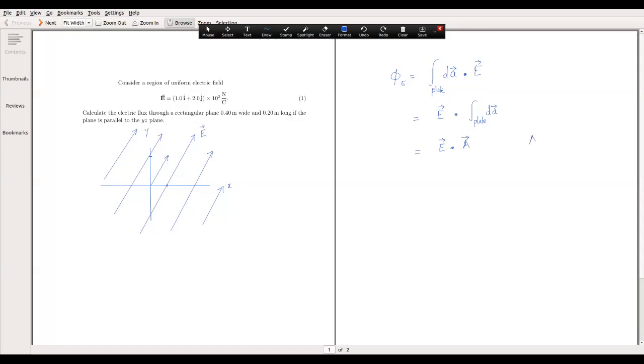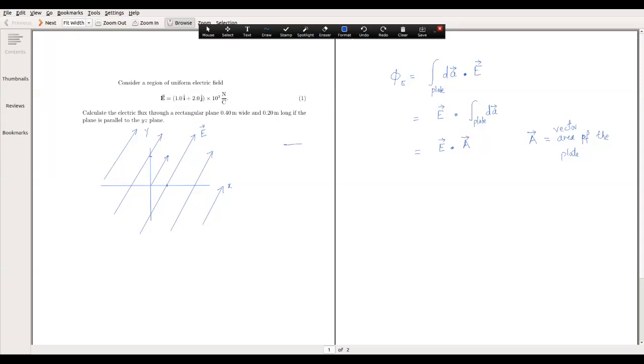So A being the vector representing the plate under consideration. So let me say this is the vector area of the plate. We are told that the rectangular plate we are talking about is 0.4 by 0.2 meters square in area, and it is parallel to the YZ plane.